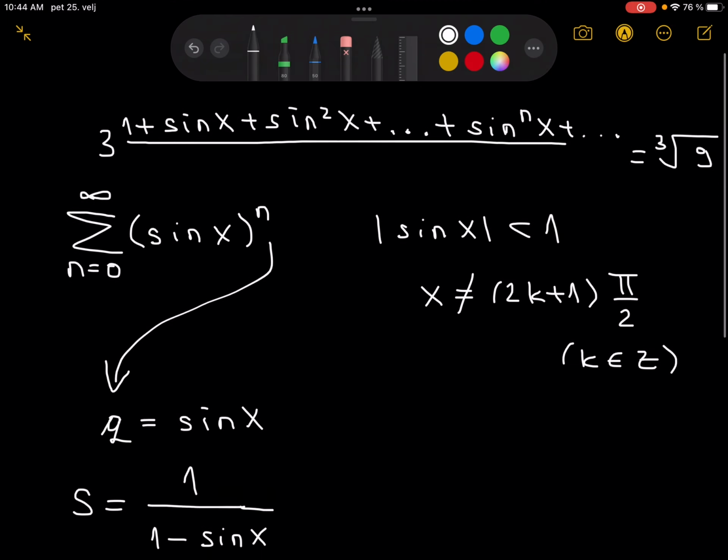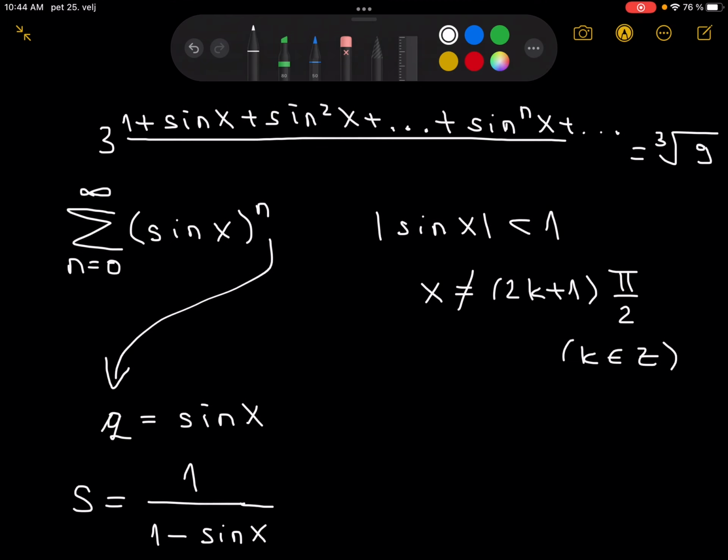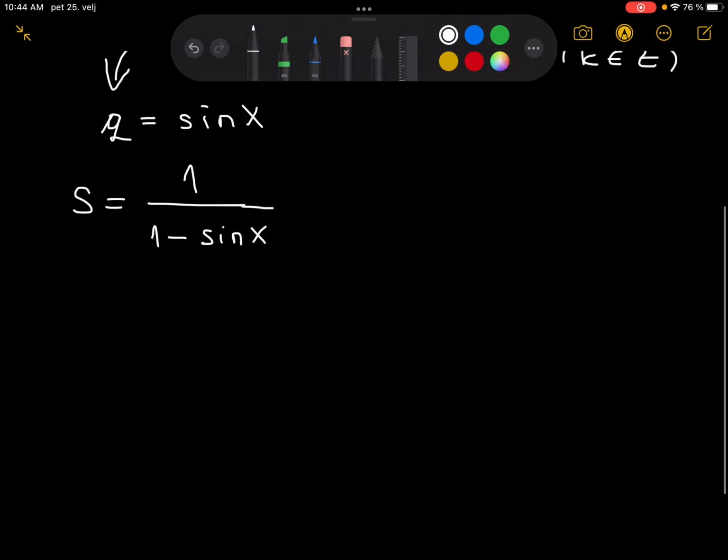So we can rewrite this whole huge exponent as just 1 over 1 minus sine x. Neat. So let's go ahead and do that.